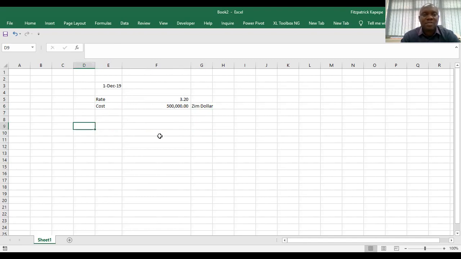So when they are buying these goods on credit, which account was debited? We know that the purchases account received. Which account was credited? The payables account.